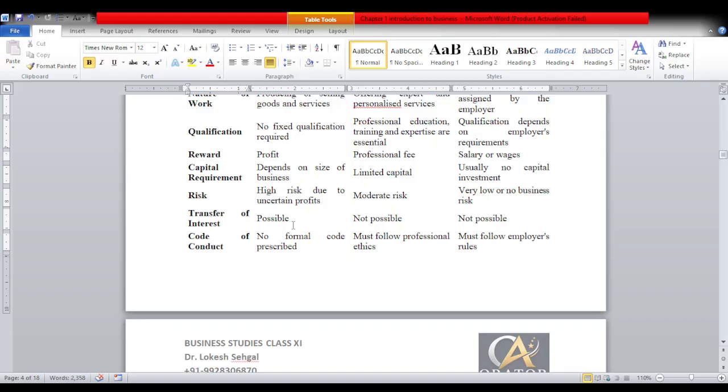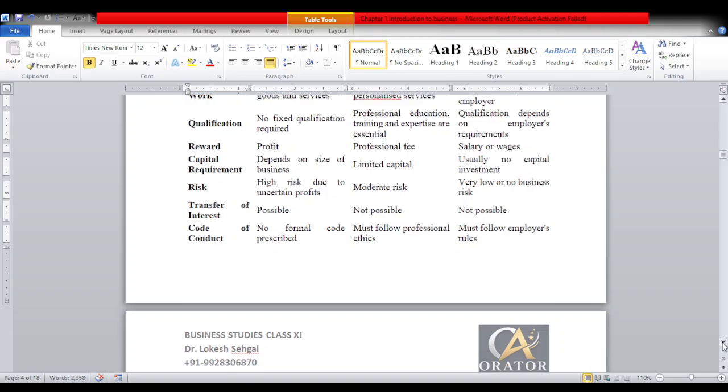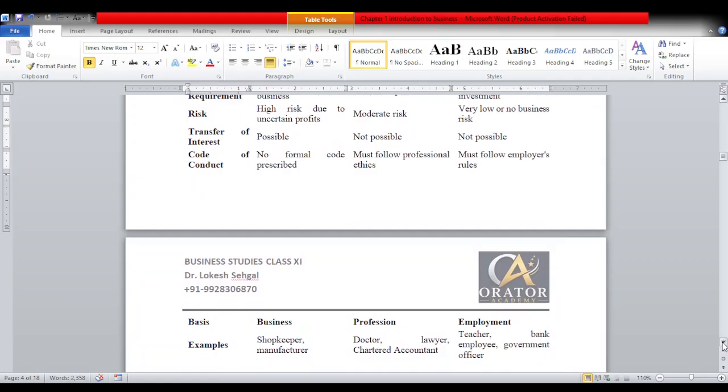They are definitely following the rules and regulations related to the product and services. They are definitely providing qualitative goods and services to the customer. So this kind of code of conduct will be applicable for business. So this is all the difference between business, profession, and employment activities.